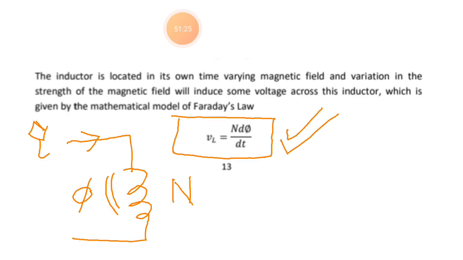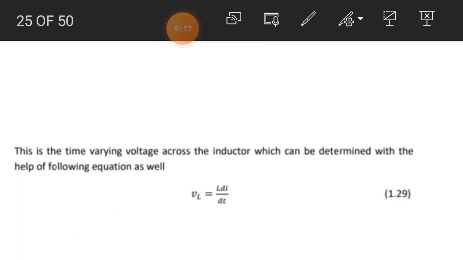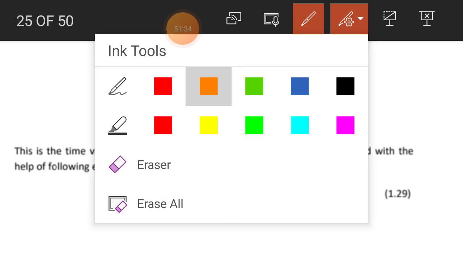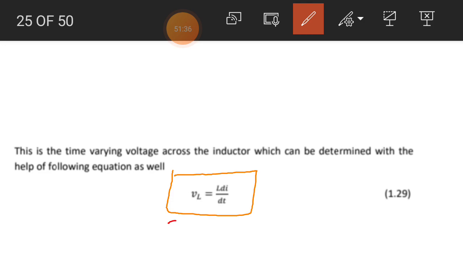So the time varying voltage across an inductor can be calculated with the help of equation number 29. The voltage across the inductor will be equal to L di by dt.